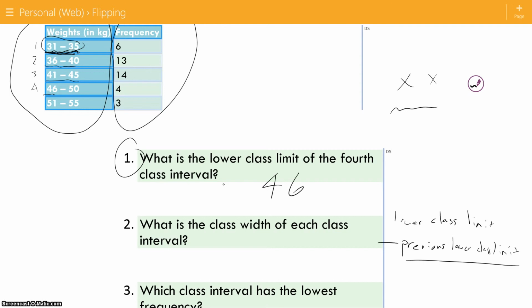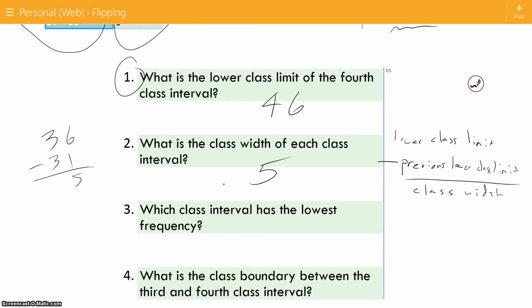And that will give you your class width. So in this case, if I'm using lower class limits, I'll look at 36 right there. So 36 is the lower class limit of the second class. I subtract 31, which is the lower class limit of the first class, the previous one, and that gives me 5. And that's it. My class width would be 5.